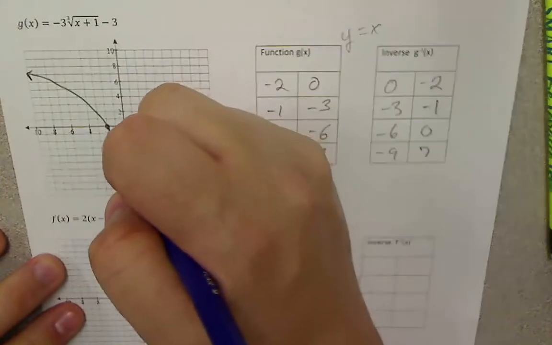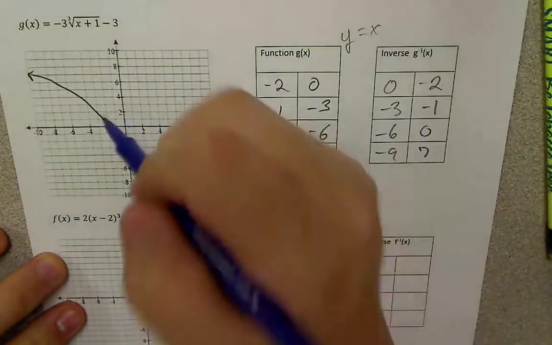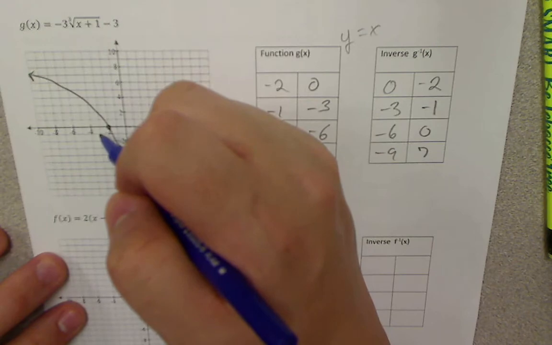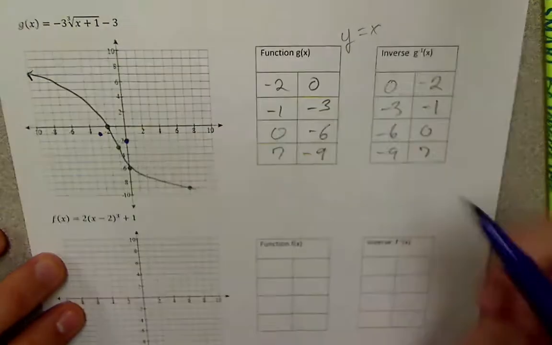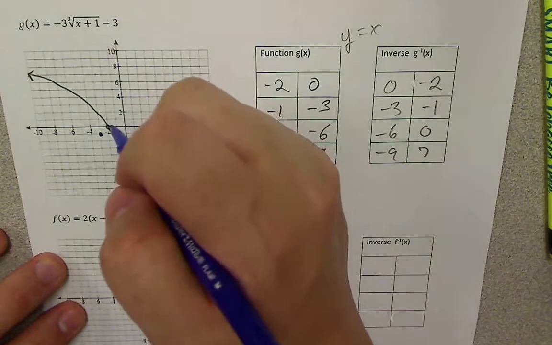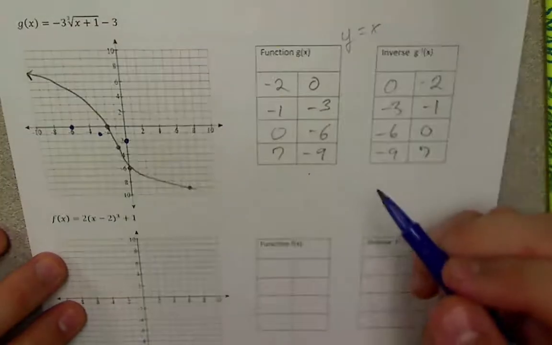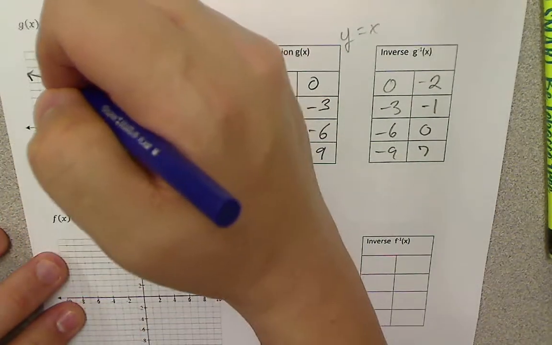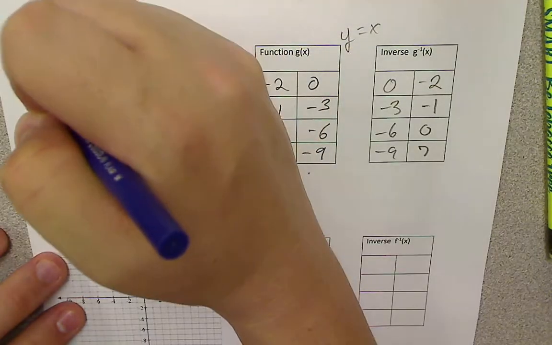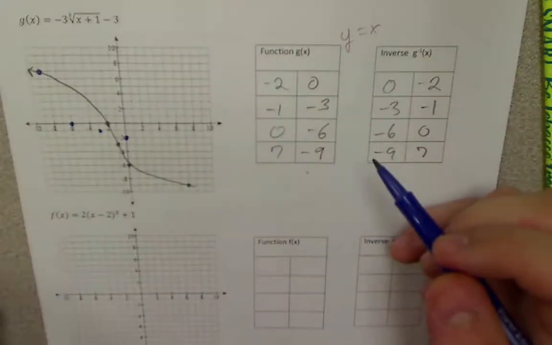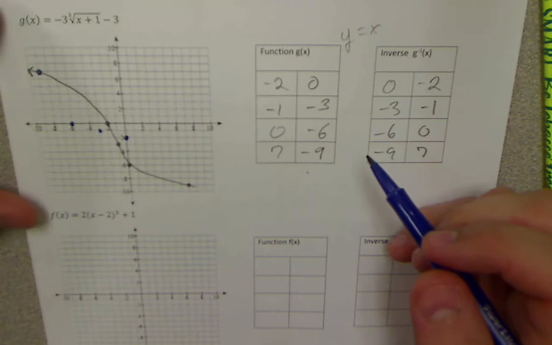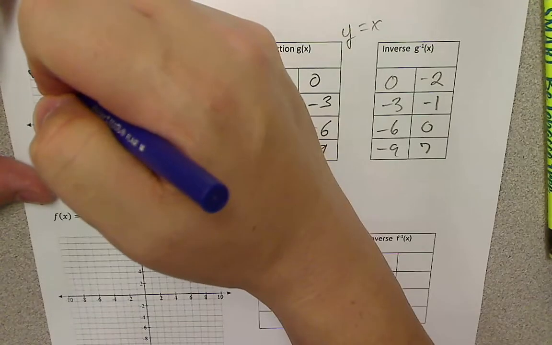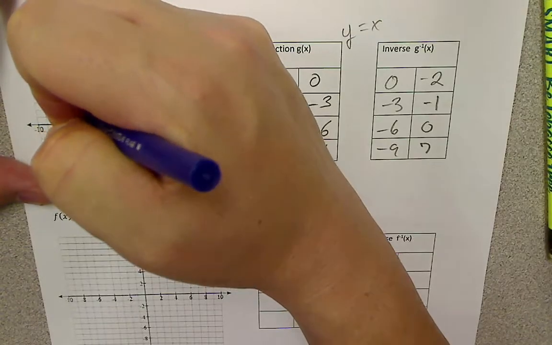So 0, -2. -3, -1. -6, 0. -9, 7. And then sometimes I need one more point to finish this off nicely.